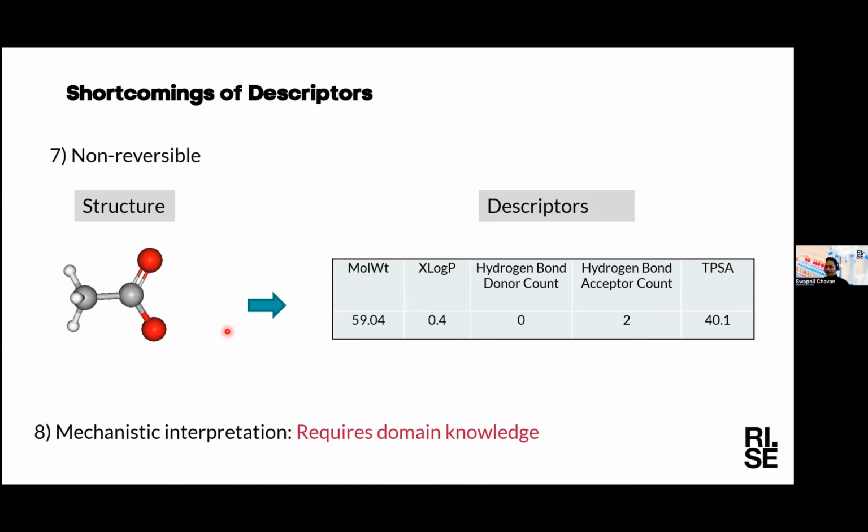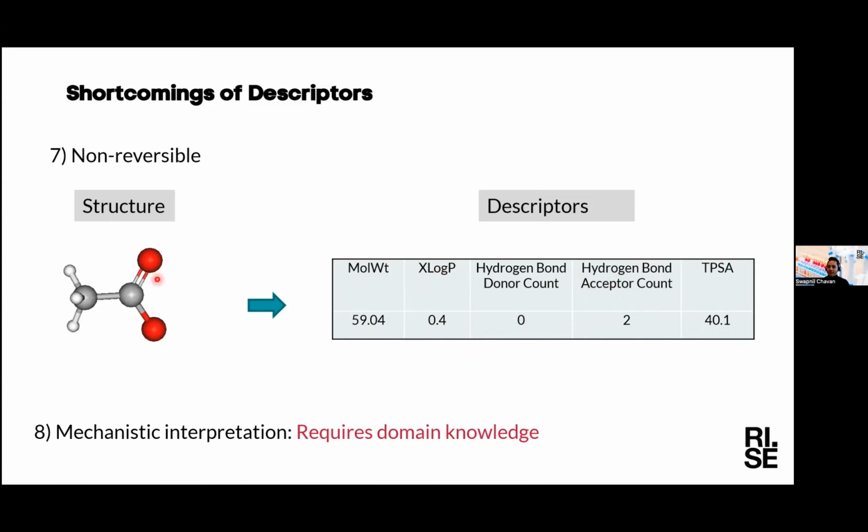Lastly, the mechanistic interpretation. Once someone uses this kind of descriptor for model building, if one needs to interpret the outcome of a model, then they need a domain expert who is able to understand what the log P is, what the hydrogen bond acceptor is, and then he could use his domain knowledge.